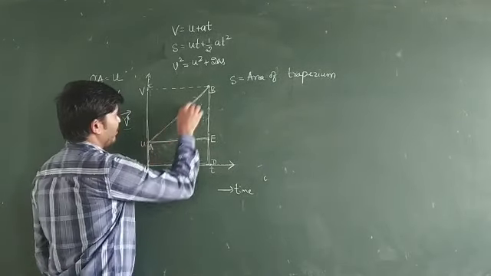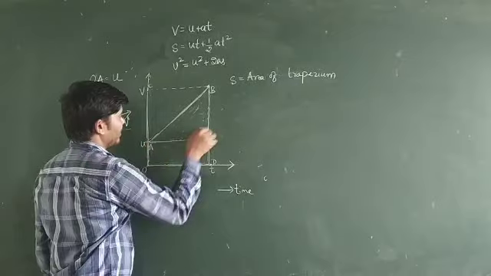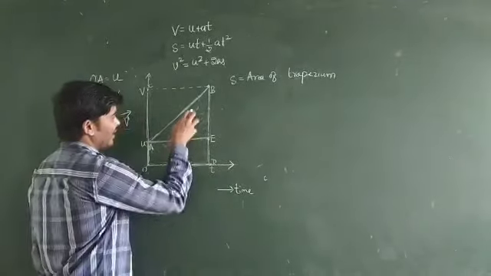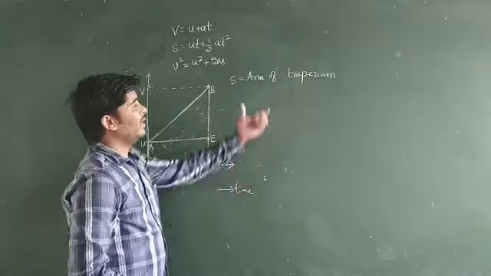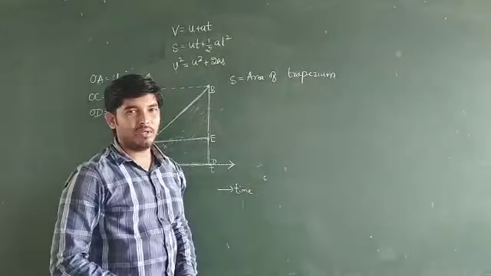And the other one is ABE, which is a triangle, right? By finding the area of the triangle and the area of the rectangle, we can get the total area of the trapezium.